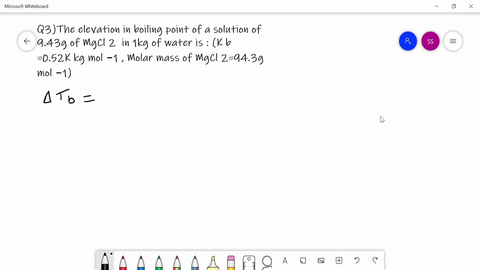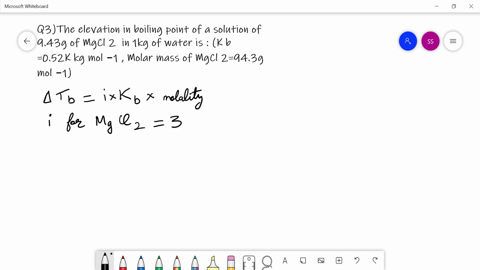Elevation in boiling point delta Tb is equal to i into Kb into molality. i for MgCl2 is equal to 3 because MgCl2 dissolves to give Mg2+ and 2Cl minus. So sum of ions is equal to 3, यानी MgCl2 3 ions में डिसोशिएट करेगा सॉल्यूशन के फॉर्म में.